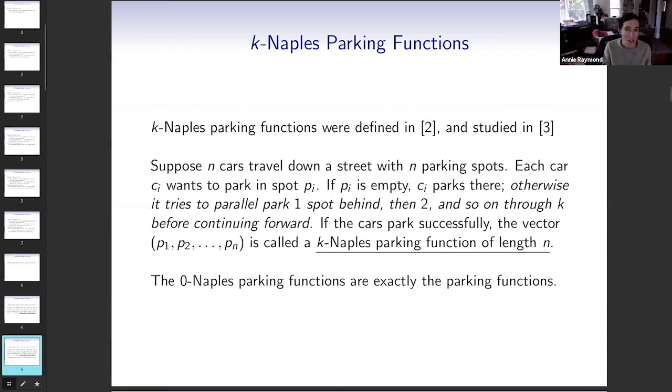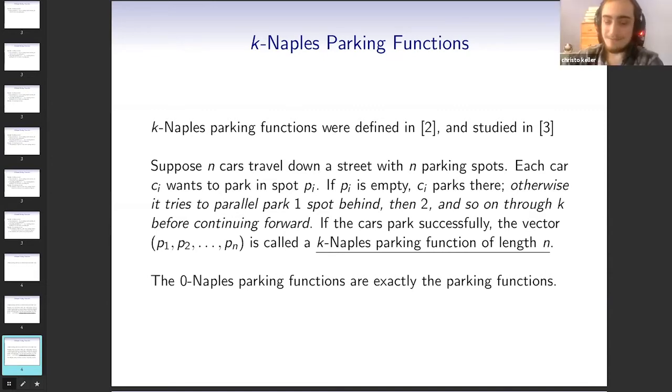Where does the name come from? Is it how they park in Naples? I've been so familiar with this that I forgot that it's a really weird name. Yes, it's based on what the author thought people parked like in Naples. However, I've heard from different people that this is about Naples, Florida, which makes sense because the author is from Florida. Otherwise they would have called it Napoli, right?